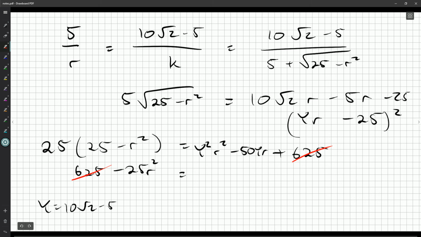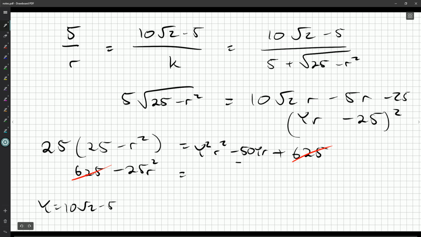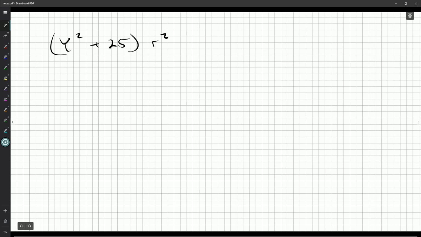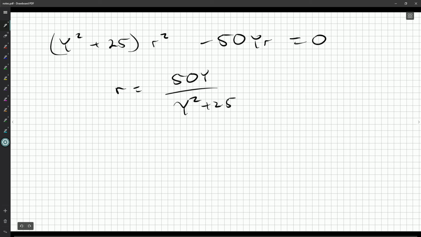That always makes me happy. And then we'll get Y squared plus 25 times R squared. So all I'm doing is bringing this over to this side, minus 50YR is 0. Divide both sides by R. We'll get R is 50Y over Y squared plus 25.